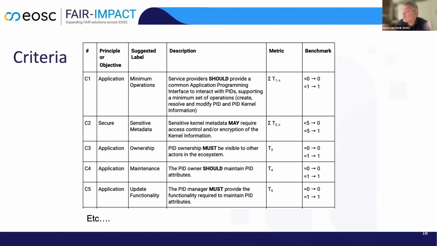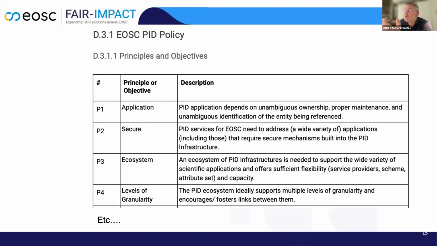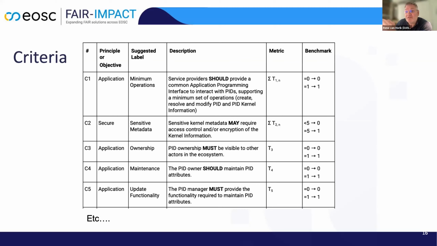But there are also things that say, for instance, criterion 3, PID ownership must be visible. So here you see already that the principles are translated into criteria that are more strict. And some of them are go or no-go criteria.